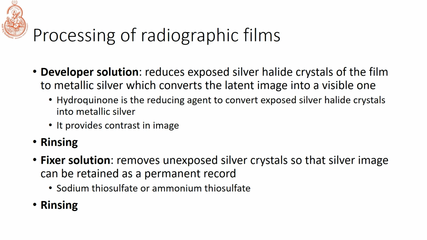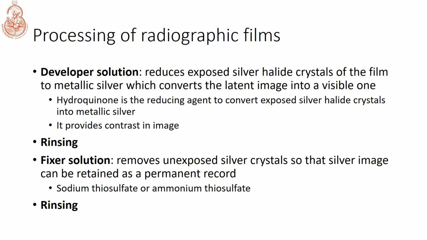The processing of the radiographic films happens inside the dark room, towards the wet bench side. We will have 4 different containers. The first container contains the developing solution, the second the rinsing solution, the third the fixing solution, and the fourth again a rinsing solution.